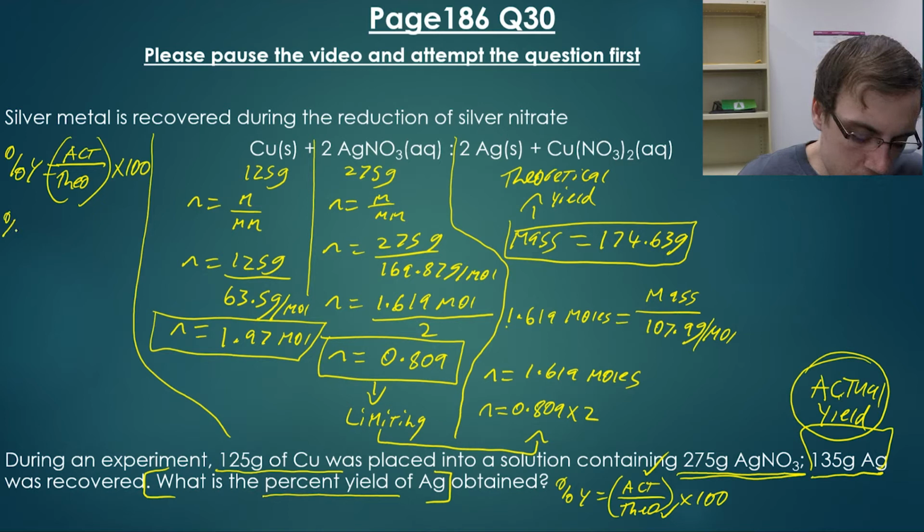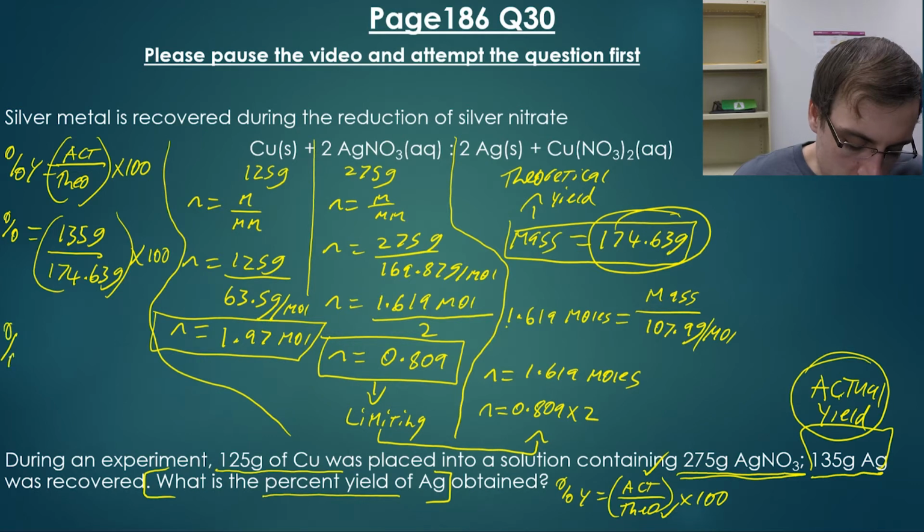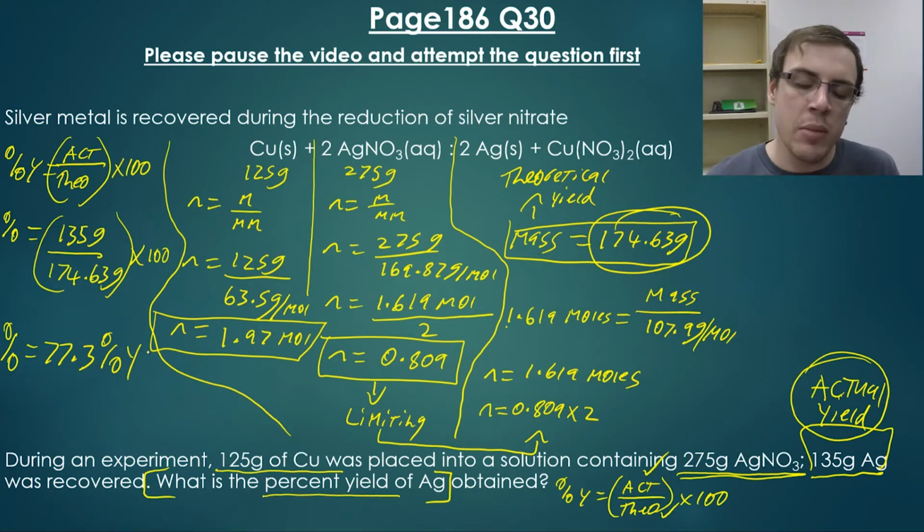So the percent is 135 grams divided by our theoretical, which is 174.63 grams. Therefore, if we punch that into the calculator, we will get 77.3% yield, which is pretty good. So that means that out of the absolute maximum possible amount, we made 77.3%. And that is how you do percent yield and limiting reactant questions.